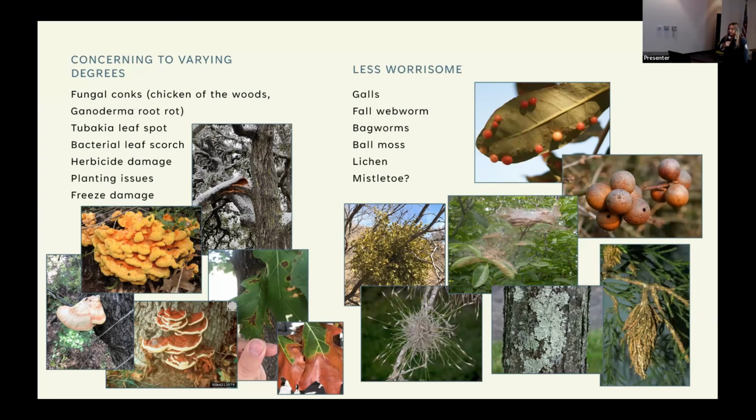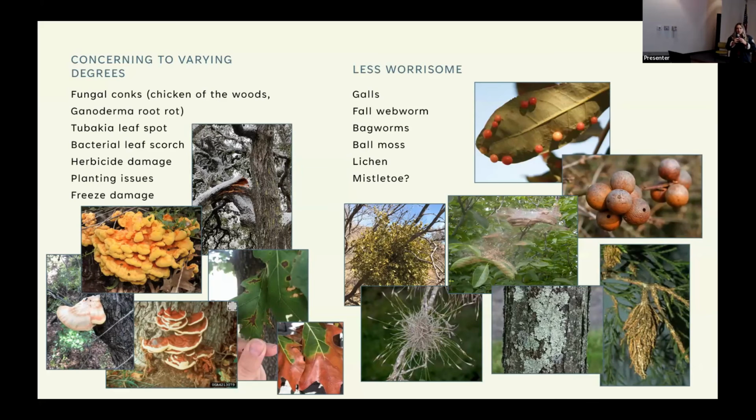Okie dokie. Good questions. All right. Less worrisome issues, galls. That's the top picture, and then the top picture to the right. Those are caused by cynipid wasps, not the wasps that sting you that we think of, but smaller ones. It's a really cool relationship. I recommend Googling videos of these different galls because the tree is forming it for the insect.